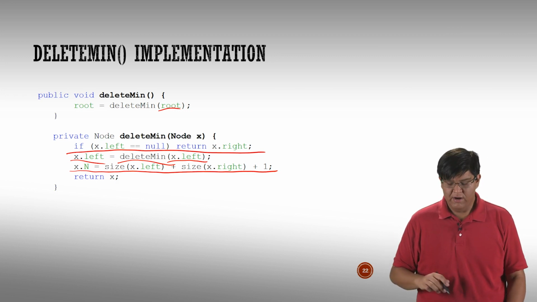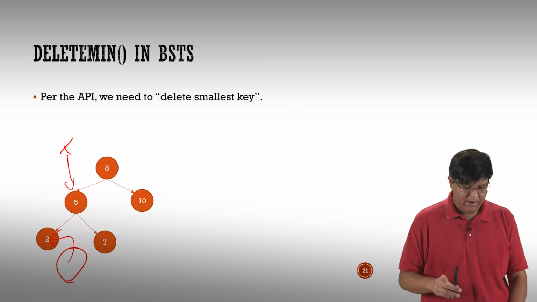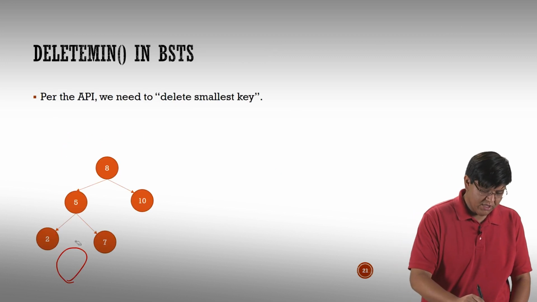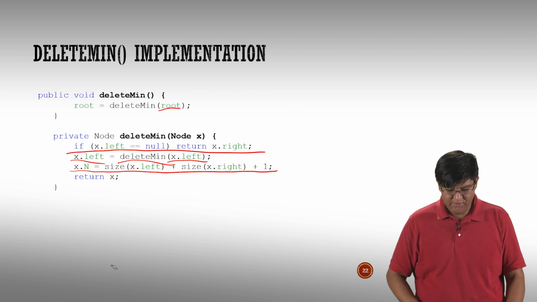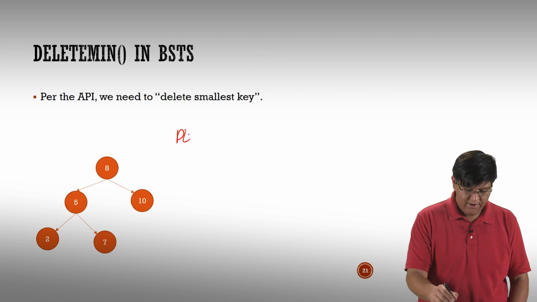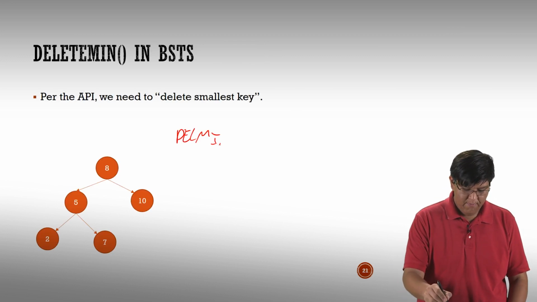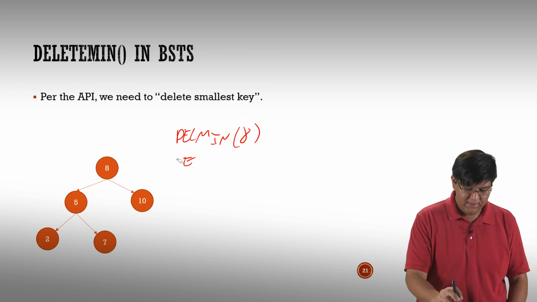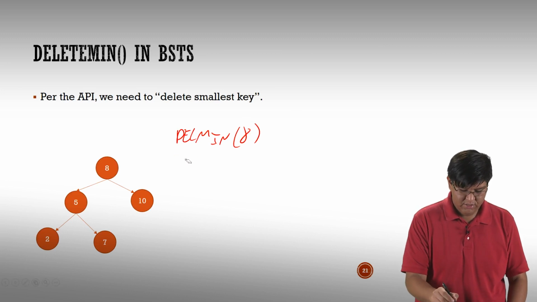One side note here, just so people think about it, this is actually about n. What happens when we run this code is the following. I have a DeleteMin call to 8, which becomes a DeleteMin call to 5, and a DeleteMin call to 2. Actually, I should do an indent there. Indent is the proper thing to do when we're doing recursion.